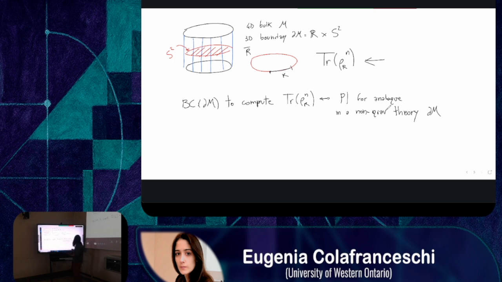So this means that to compute that quantity, we first need to understand the entropy for a quantum field theory on the boundary of our box, which is the time direction times S2. Okay, and we are going to do this with pictures.